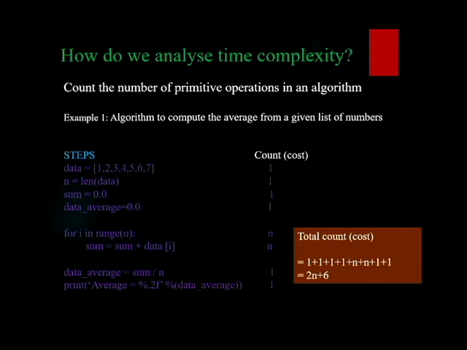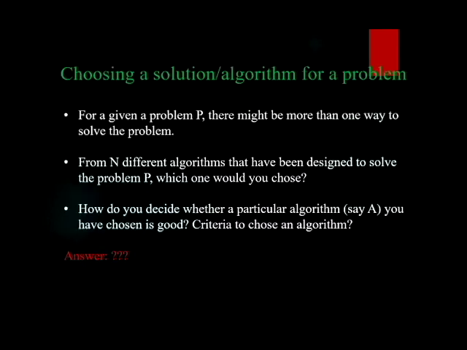Do you agree? In real time, we don't know how big the array would be, so it's hard to give hard numbers. So that's why we come up with a sort of approximation in terms of input size, which we'll cover in due course of time. So that's the primitive approach. Okay, next.